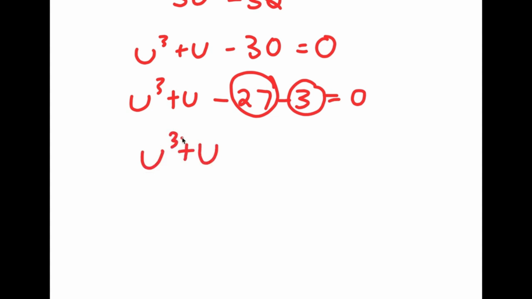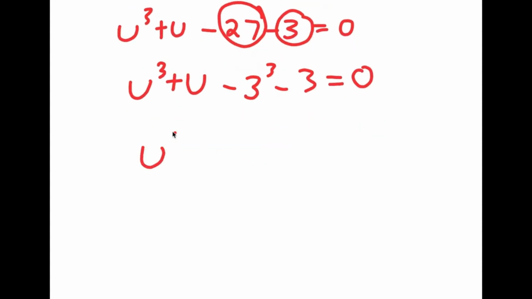Notice how we have something in the form u to the power of 3 plus u. We could think of u as 3 in this case. So 27 is the same thing as 3 to the power of 3, and we have this plus 3. Now I'm going to put this in the form u to the power of 3 minus 3 to the power of 3 plus u minus 3 is equal to 0.